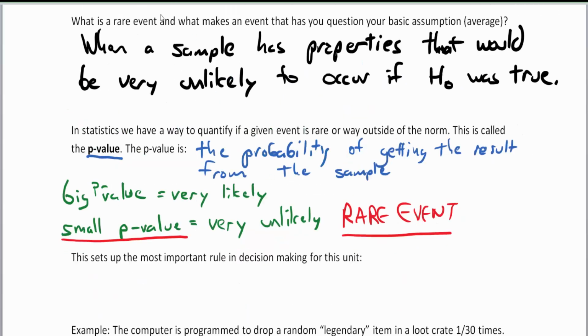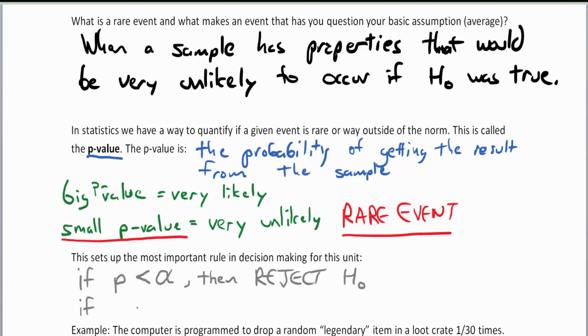So this right here sets up the most important rule in decision making for this entire unit. If your p-value is less than alpha, then you reject the null hypothesis.